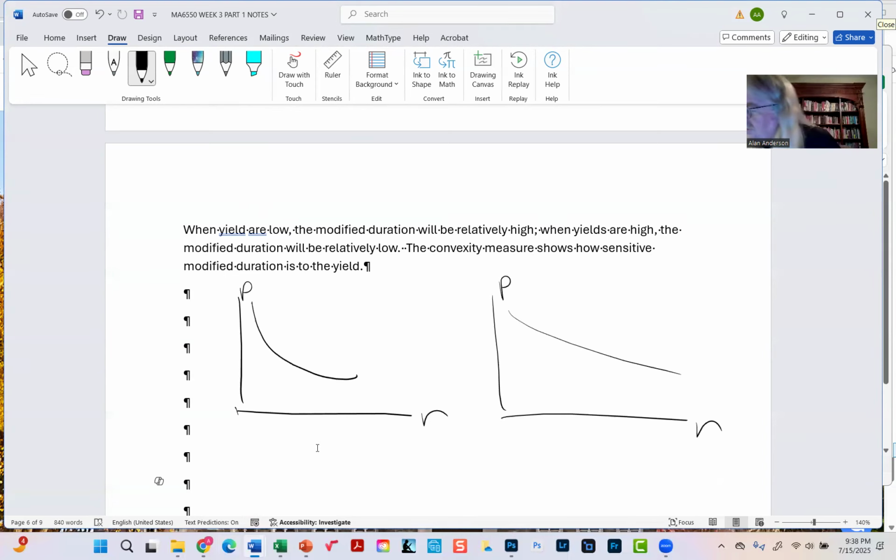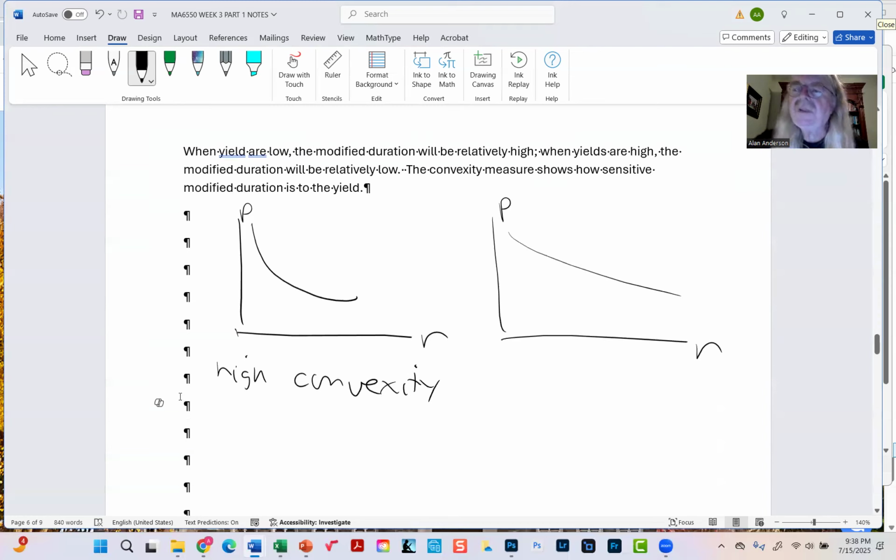So what that means is in the first case, we have a very high convexity. And you can see that the duration is extremely sensitive, meaning the slope of this curve, to changes in yield. Even a small change in yield could cause the duration to change quite considerably. And that makes it difficult, by the way, to plan out hedging strategies.